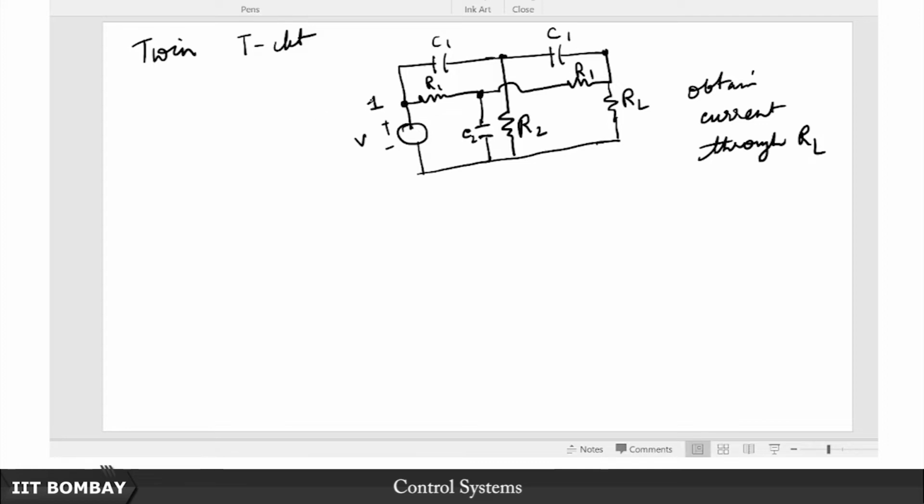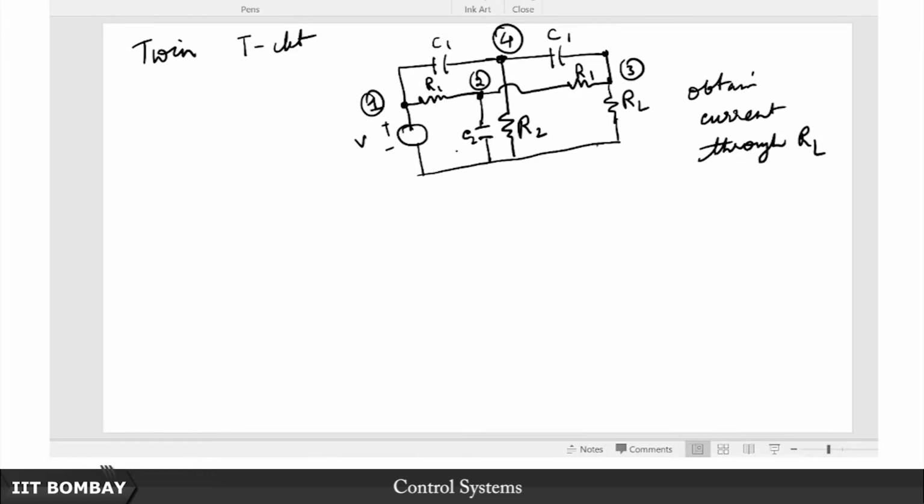Let us call this node 1, let us call this node 2, let us call this node 3, and let us call this node 4, alright. Having done that, let us call this the datum 0.